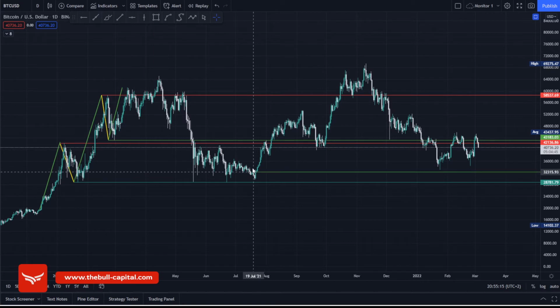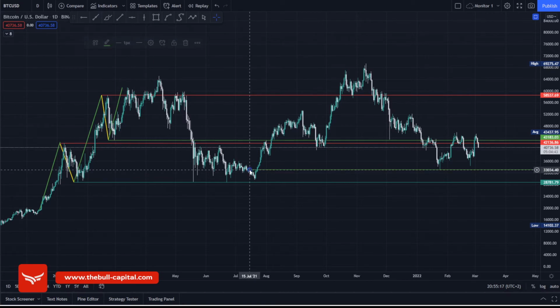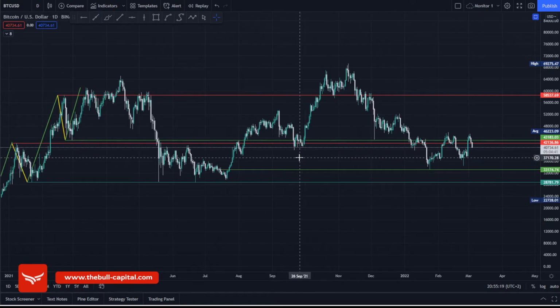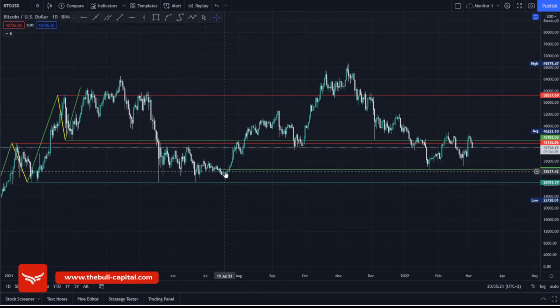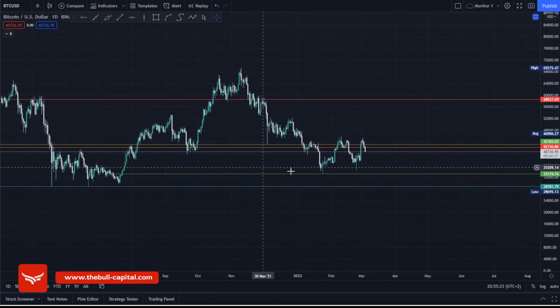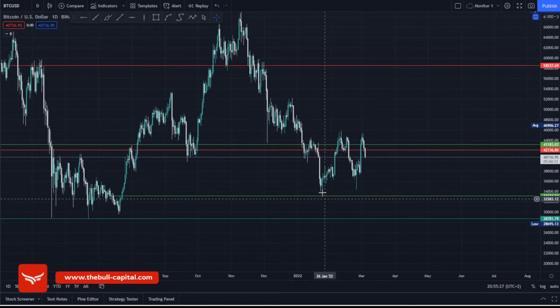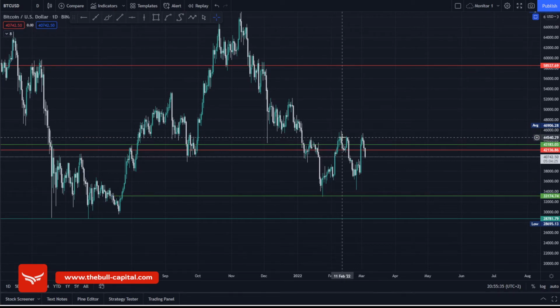Yes, here we have a level. It's actually on a lower time frame. This level has not been touched until now. So this was the first touch, and look how nicely it bounced from here up.